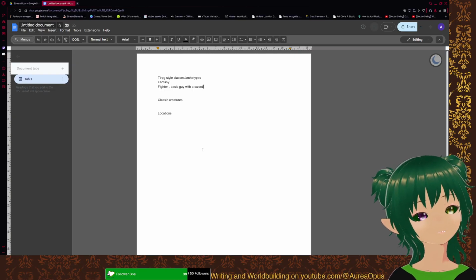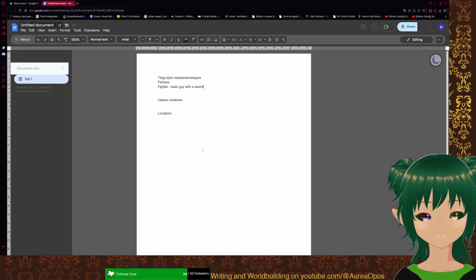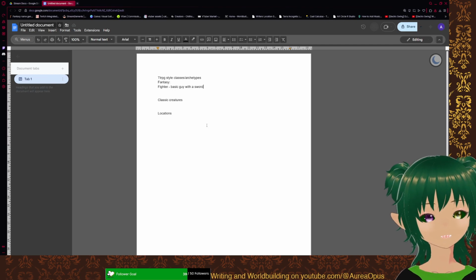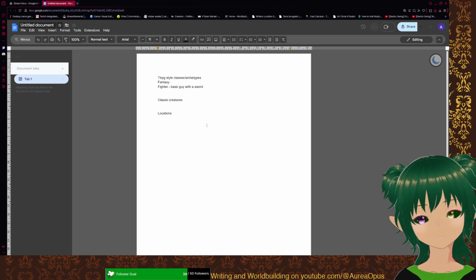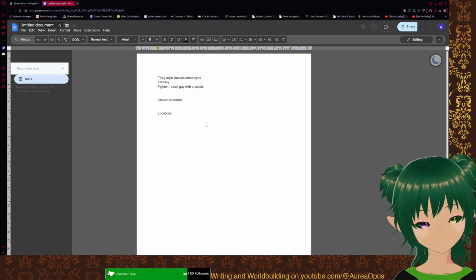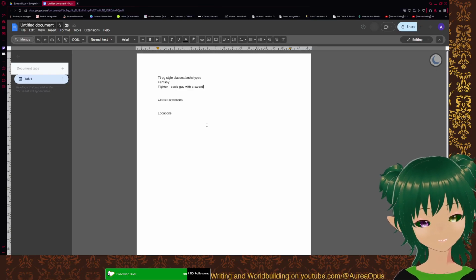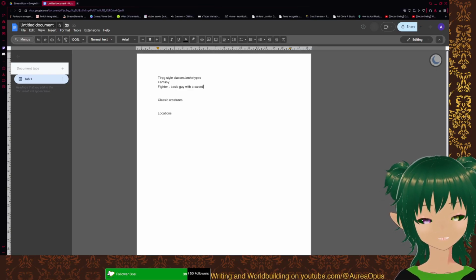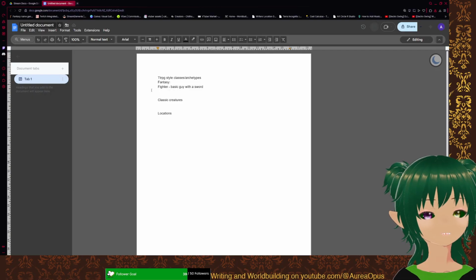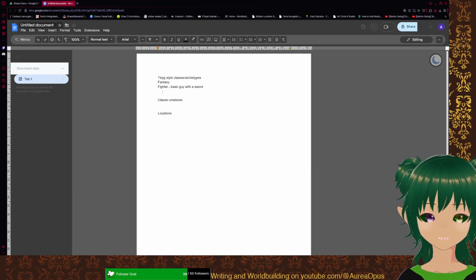Like, if you're writing a story, perhaps, that's specifically a fantasy murder mystery where you're dealing with detectives and stuff, maybe you won't have a standard fighter, you'll have guards and stuff around, but essentially these people are dudes with swords. That is a character archetype in fantasy.